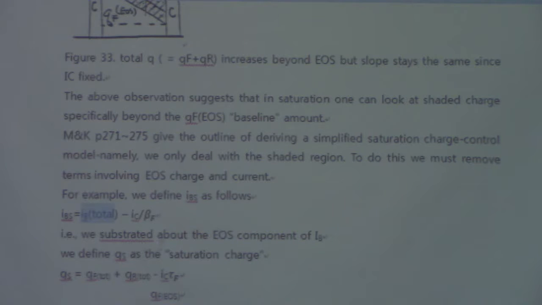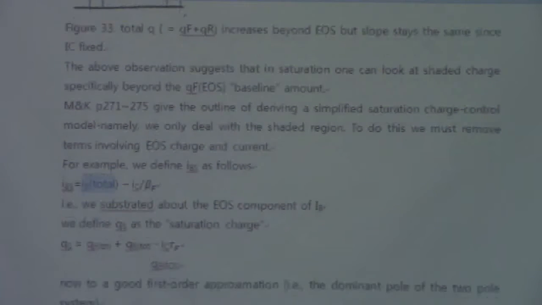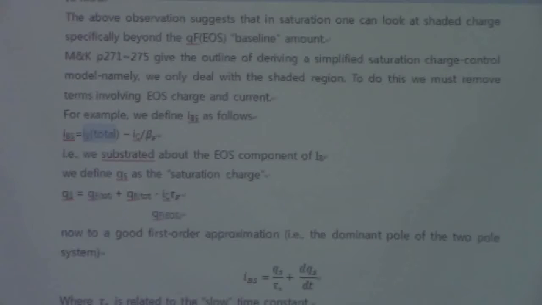So if you subtract out the edge of saturation component from IB and define QS, small qs, as total and reverse total minus IC tau F. This IC tau F corresponds to the forward bias charges on the edge of saturation.